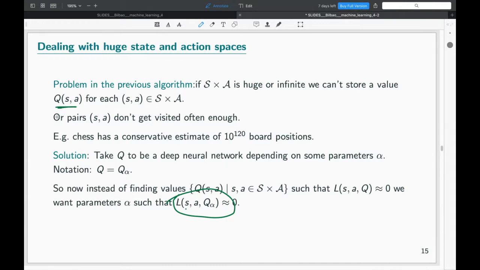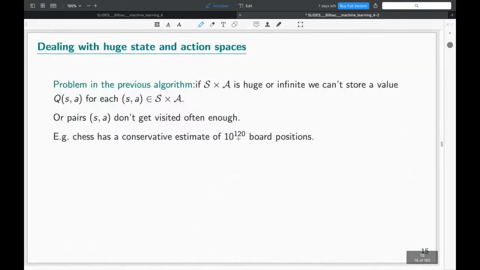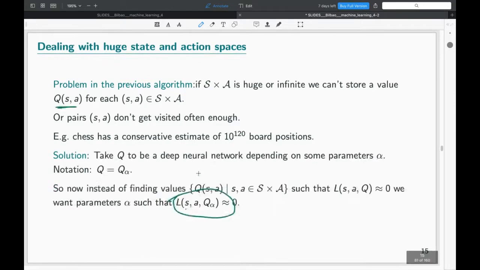And the neural network it uses has, I don't know, not more than 1 billion parameters. So it's going down from 10 to the 120 to 1 billion numbers, which is quite a reduction.